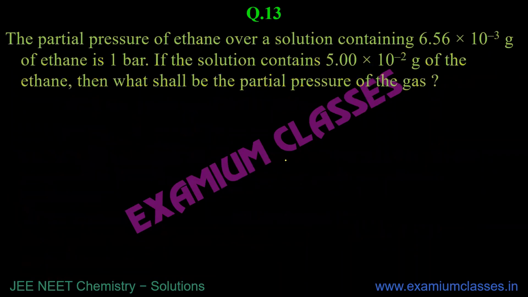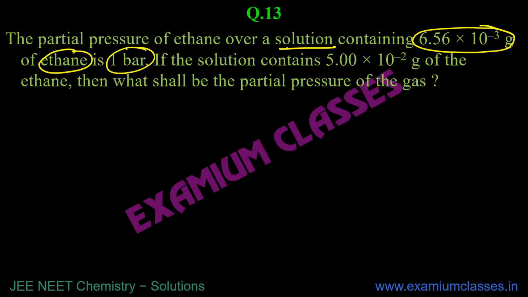Okay. Next one: the partial pressure of ethane over a solution containing 6.56 into 10 power minus 3 grams of ethane is 1 bar. So the solution contains this much ethane, but the pressure above it is 1 bar.